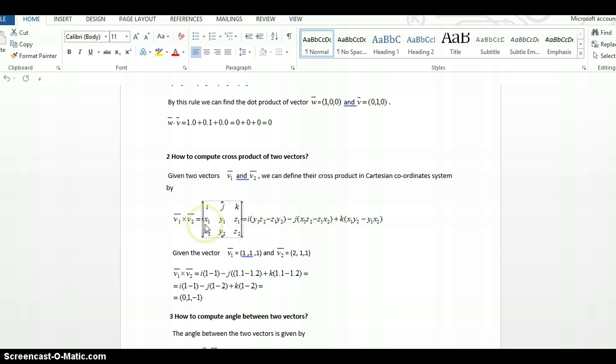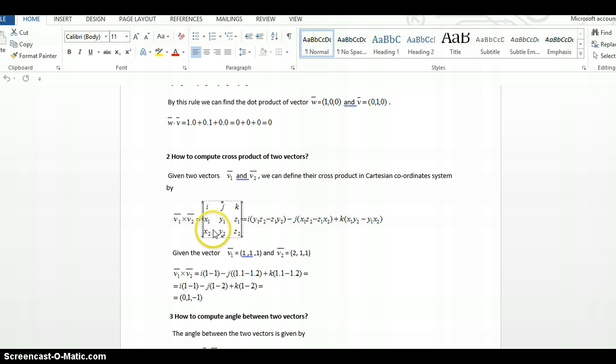z1 times x2. So the third, k, if I delete the row and the column of k, then I will have x1, y2 and y1, x2.